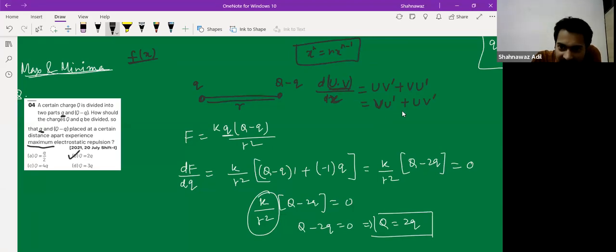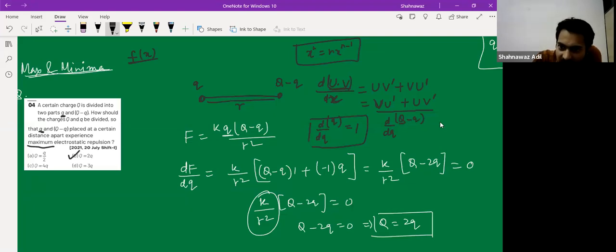So first I did that, and then I calculated d by dq of q. So this is q to the power 1, so that would be 1 only. And in calculating the differentiation of Q minus q, so d by dq of Q minus q, this is constant, this is the variable.